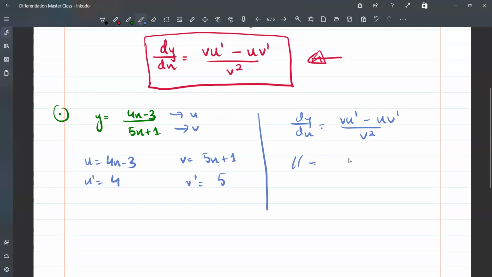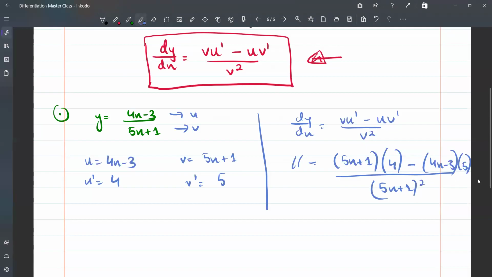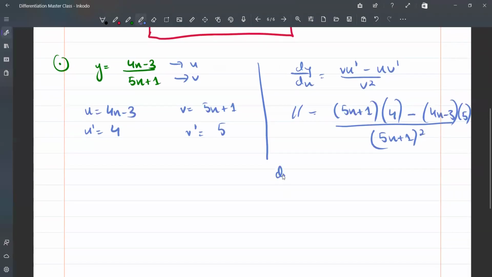V is 5x plus 1, u dash is 4, minus uv dash, u is 4x minus 3 and v dash is 5, upon v square, (5x plus 1) square.